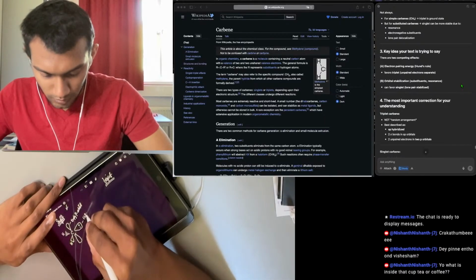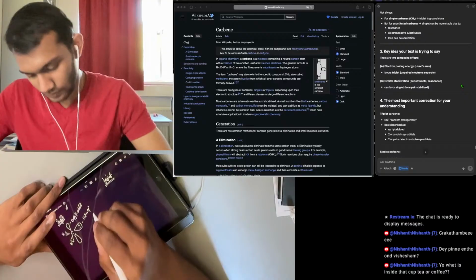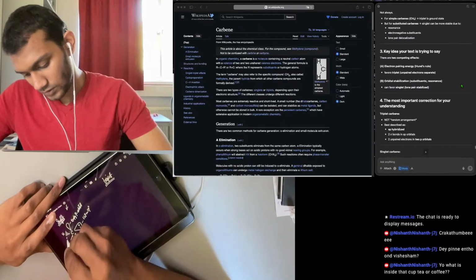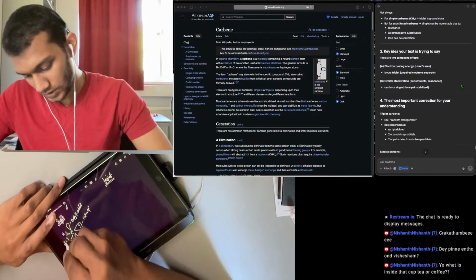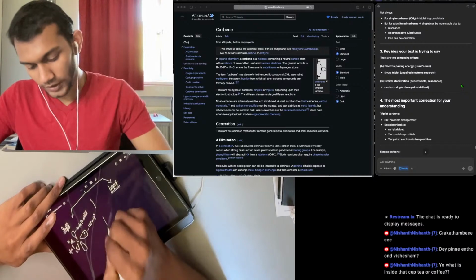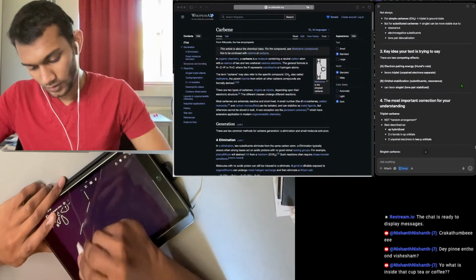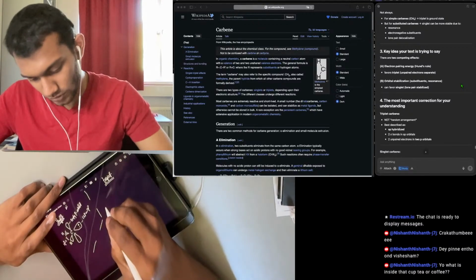One lone pair on sp2. Okay. Now triplet, I'm having doubts.